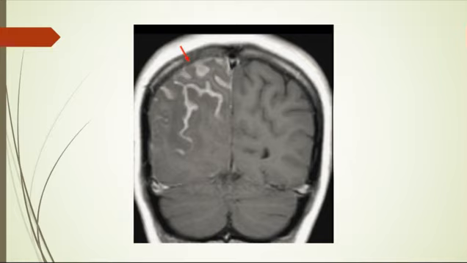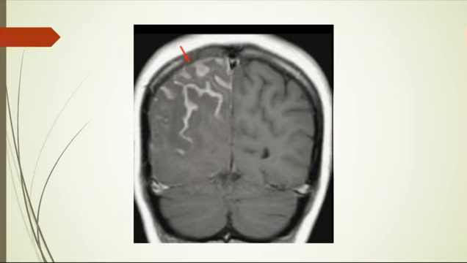You can see there is leptomeningeal increased signal intensity. Okay, this is a T1 image. So there is leptomeningeal increased T1 signal intensity, suggesting what's called gyriform or leptomeningeal enhancement or serpentine-like enhancement.